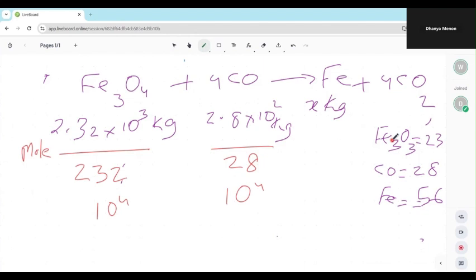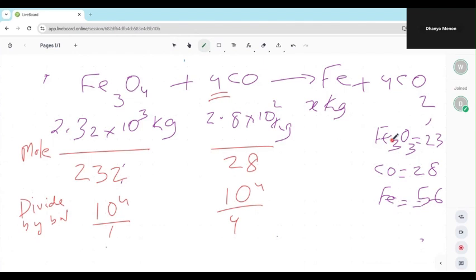Okay, what is the next step? Divide by the least moles. Both of them come to 10 raised to 4. Now what is the next step? Divide by balancing numbers. What is the balancing number for iron oxide? It's 1. And for carbon monoxide, it is 4.